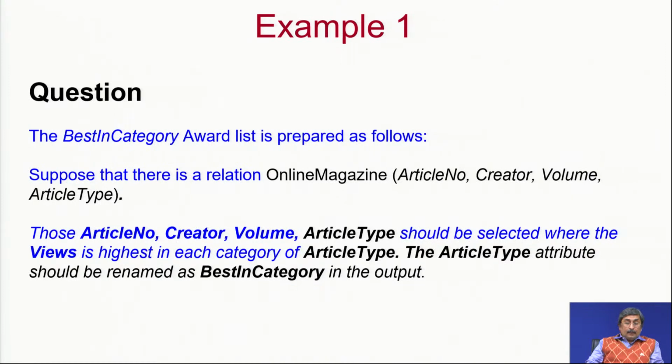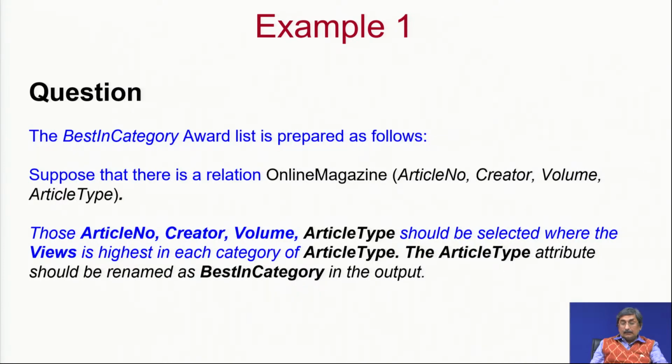Volume may be 5 in one record, volume may be 10 in another record. Now, I want those tuples where for a given article type the volume is the highest. And then ultimately this article type attribute should be renamed as best in category.